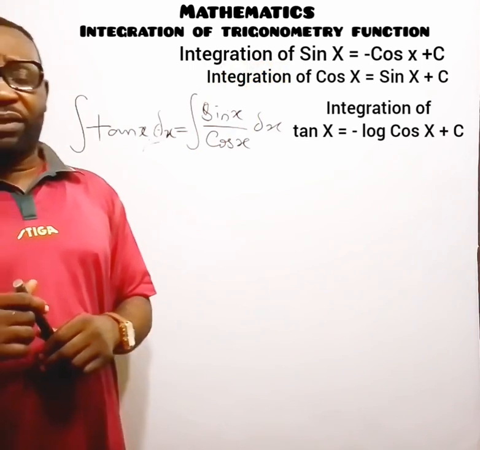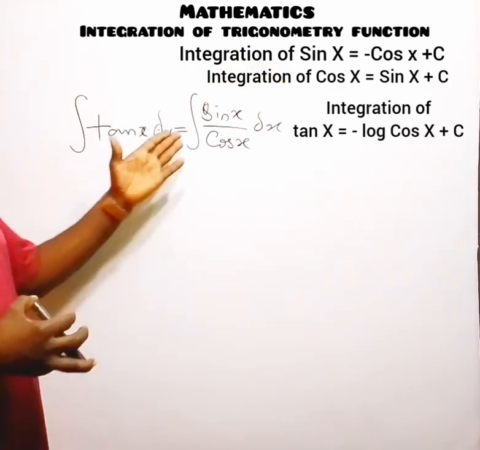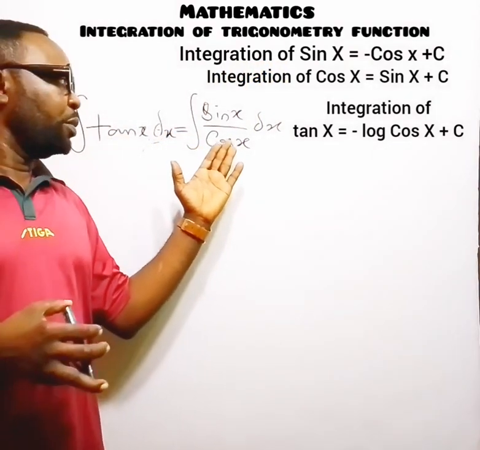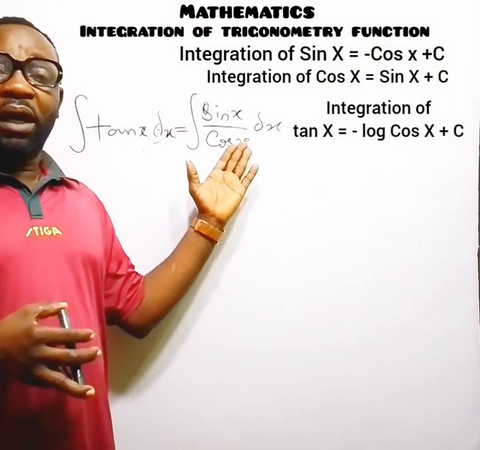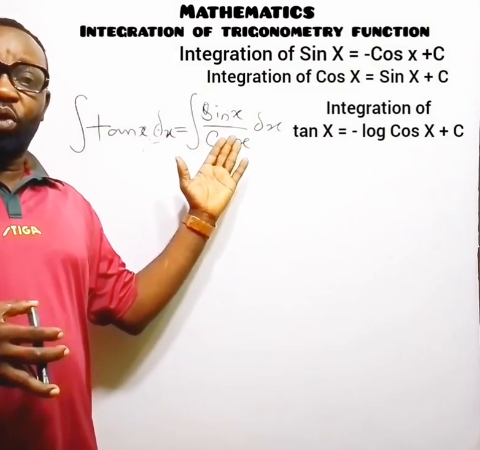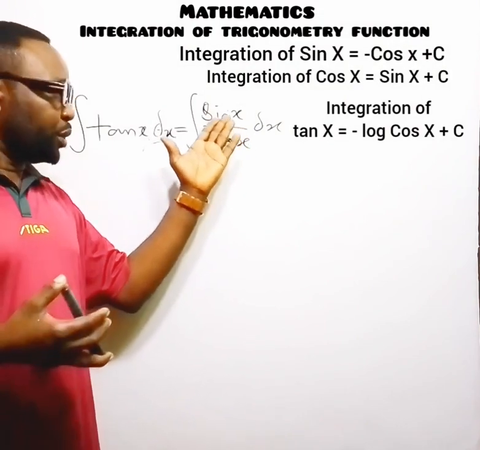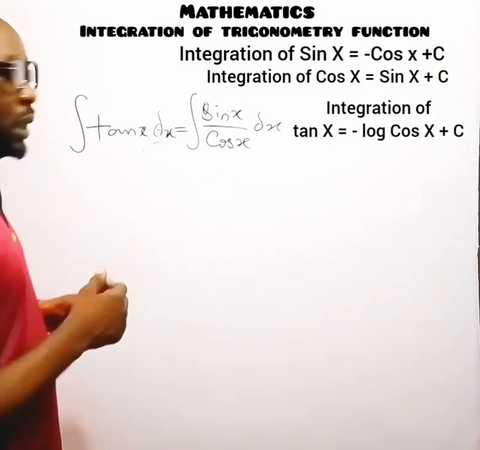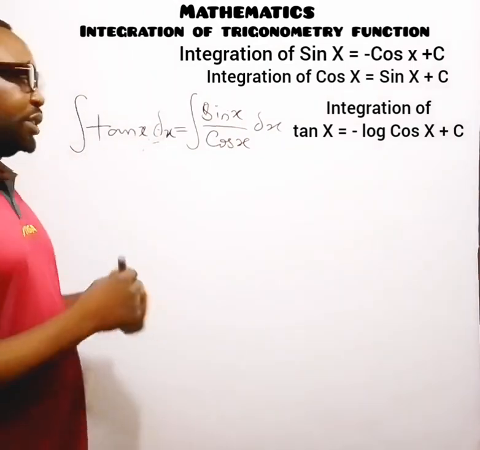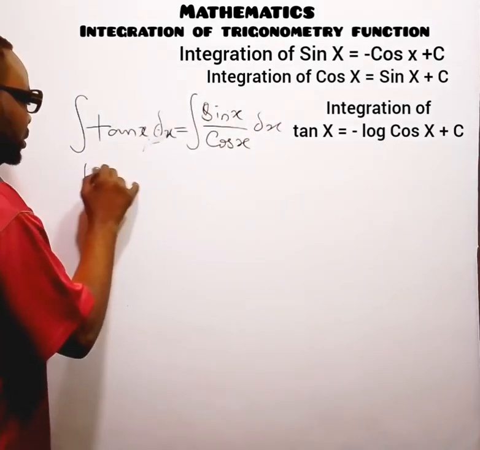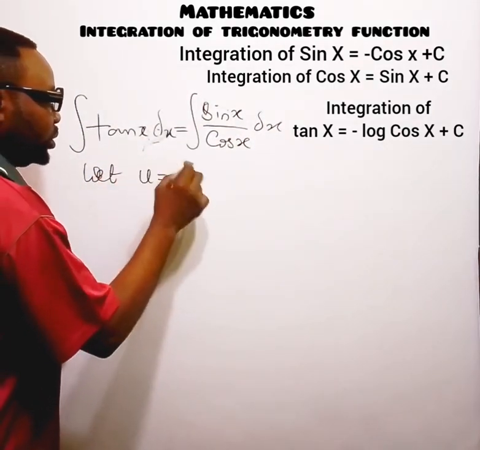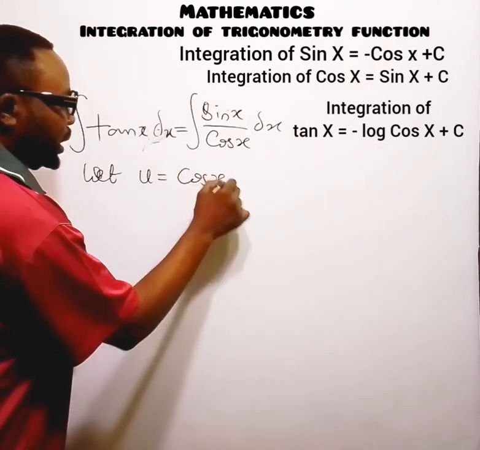Now, in this case, I'm going to take the denominator here as what we are going to use to do the solution to my problem. Now, I will say let u equal cos x.